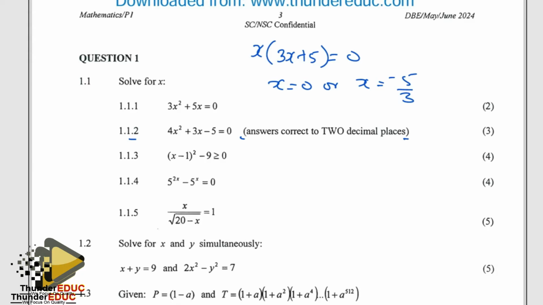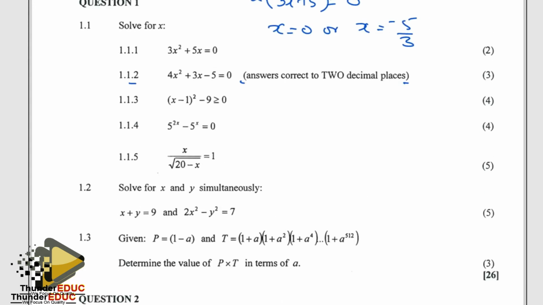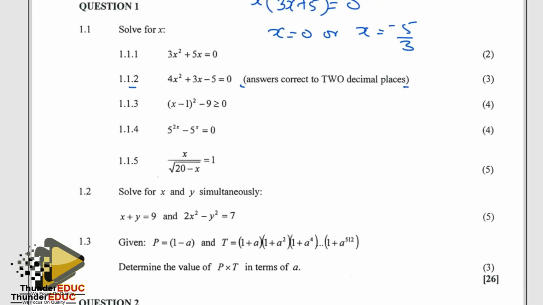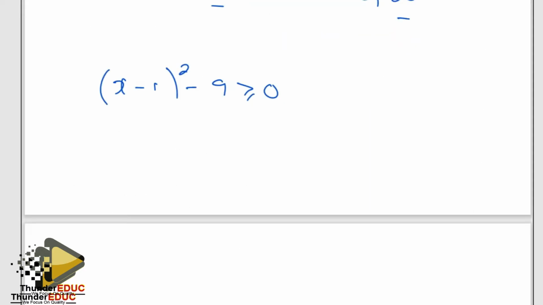1.1.3, you're being told that x minus 1 squared minus 9 is greater or equal to 0. So this is the inequality part of the question. I'll still do it on this other side. So it is x minus 1 squared minus 9 is greater or equal to 0. Okay, so there's two ways to answer this.